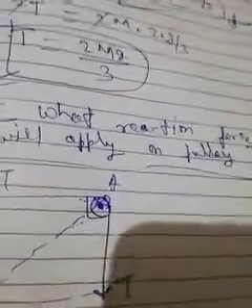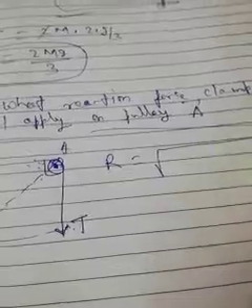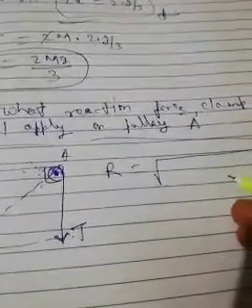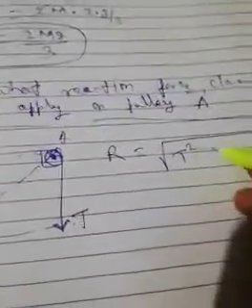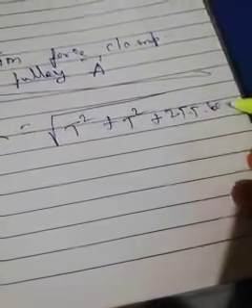So here this T and T, two forces acting at 90 degrees, so the resultant could be given on the basis of parallelogram law of vector addition: root of a square plus b square plus 2ab cos 90.